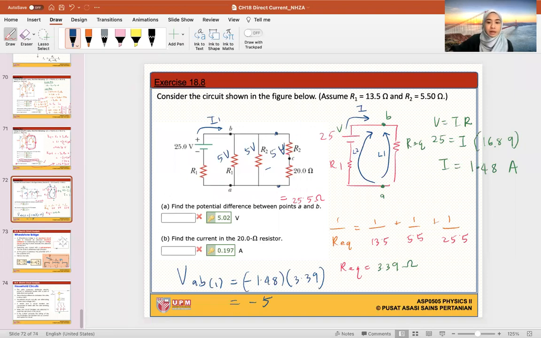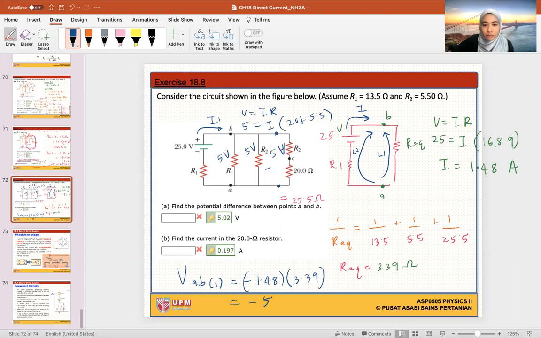5 volts by R2 plus 20, which is 25.5. 5 volts equals I times 20 plus R2, which is 25.5. We did a similar question before this.